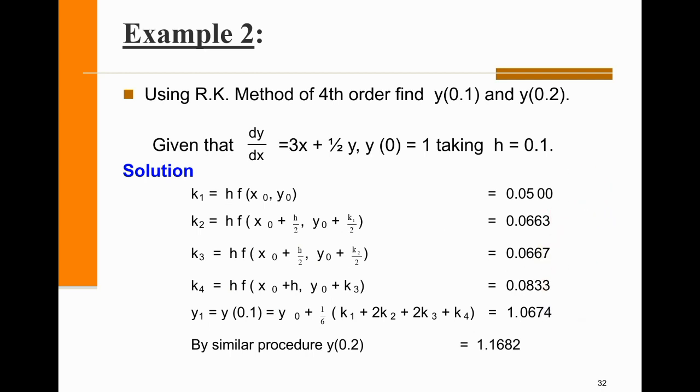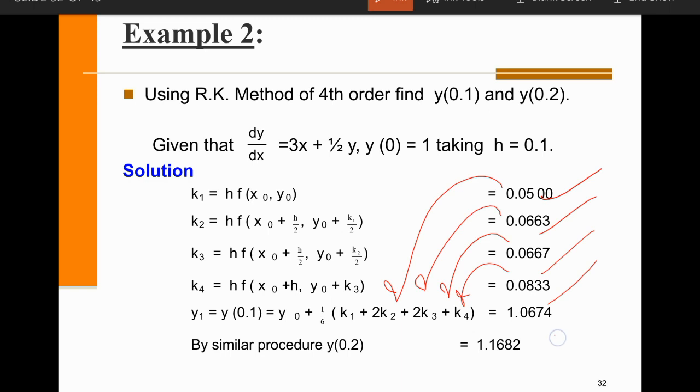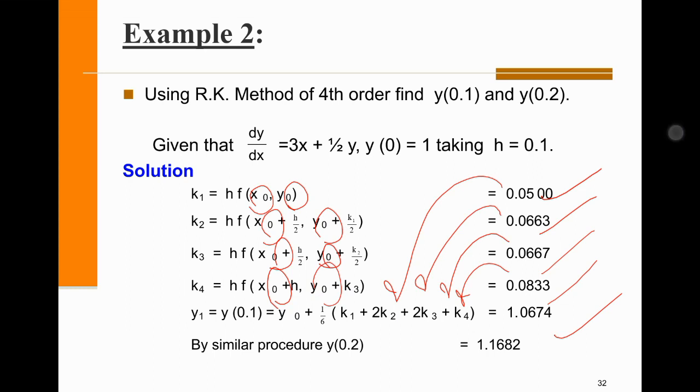So you can find the values K1, K2, K3 and K4. By substituting these values in your formula, you will get the value of y1, right? In a very similar way, in place of these knots, you will place 1, then you will get the value of y2.